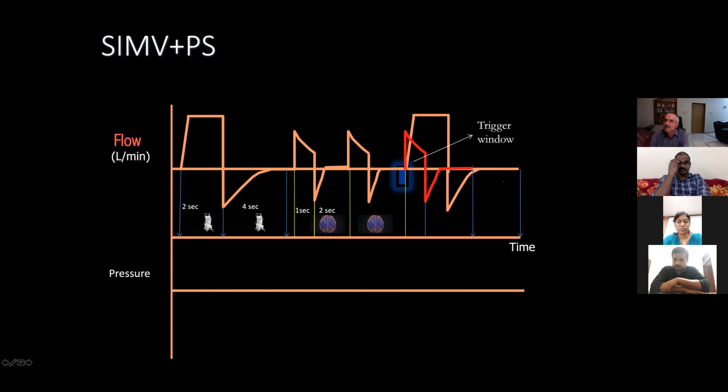That goes into diaphragmatic injury, increased work of breathing, and also asynchrony. So SIMV is a mode which is not very comfortable to the patient, and all your modes have a backup ventilation. If you put an apnea time of 10 seconds, and the patient misses 2 breaths, it goes into a backup volume control or pressure control. So there is no advantage in using SIMV with pressure support ventilation.